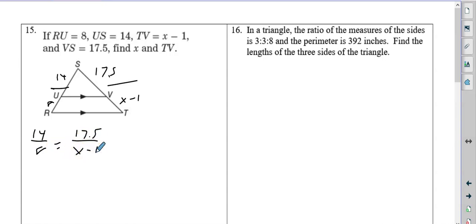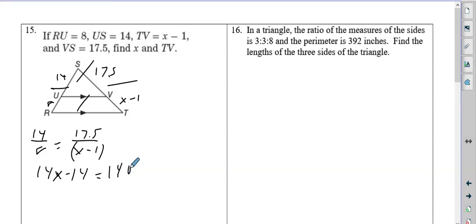Remember, you could have also done it this way. 14 over 17.5 equals 8 over x minus 1, you would still get the same exact cross multiply. I'm going to put this in parentheses to make sure I get 14x minus 14, not 14x minus 1, equal to 8 times 17.5, which is 140.